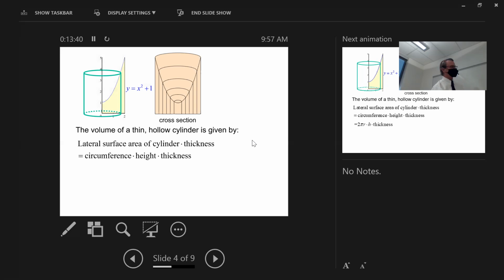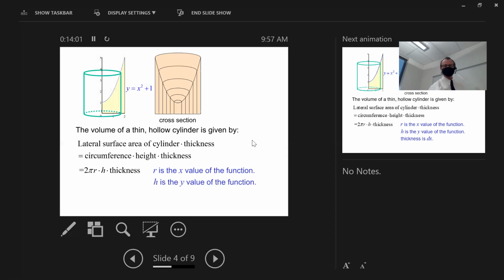So there's the circumference times the height times the thickness. The thickness in this problem is dx, the circumference 2 pi r, times the height, is what Brandon said, my advisee, times how thick it is. Now what?